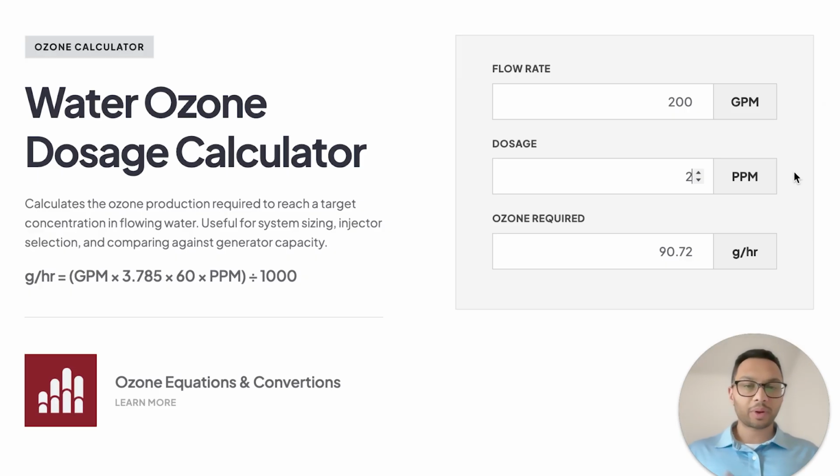If we say that we have a 90% efficiency of a system for this type of application, you then may want to size an ozone system 100 to 120 grams per hour to compensate for the efficiency, but also so that your system doesn't run at 100% at all times. My recommendation would be going slightly bigger than that. Therefore, you can run in the sweet spot of an ozone generator, which is normally between 70 to 80%.